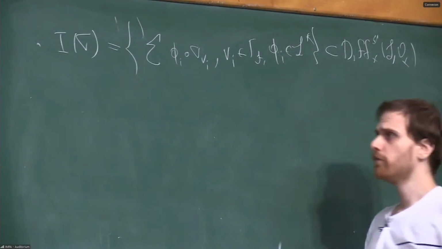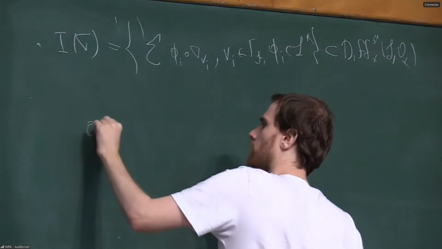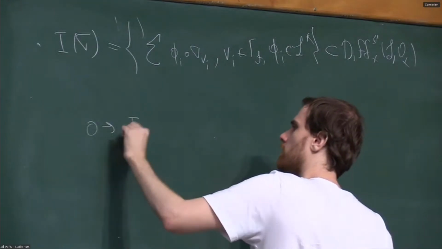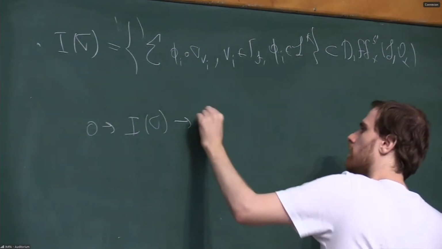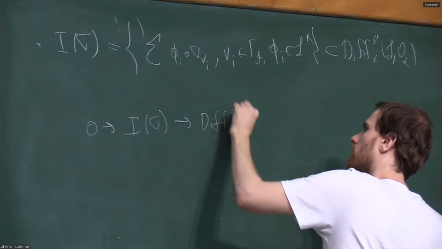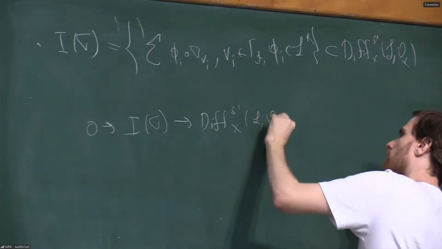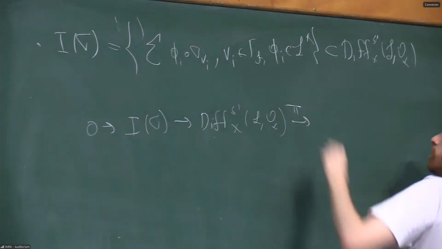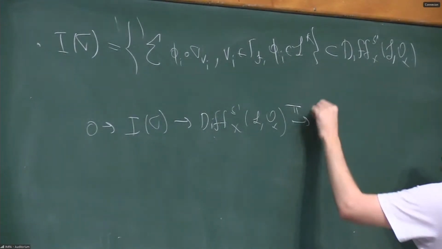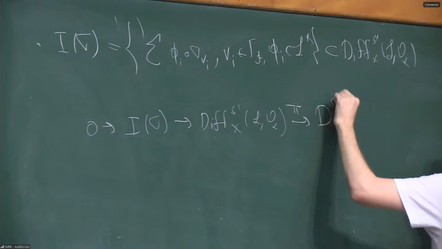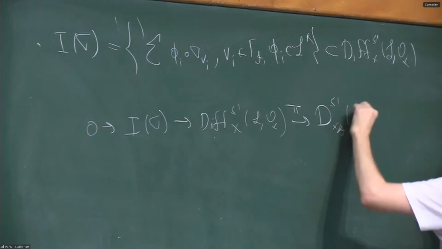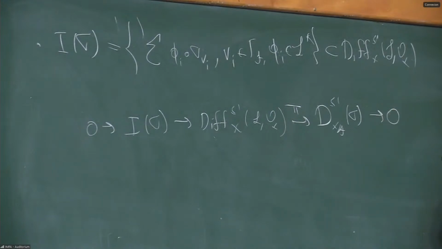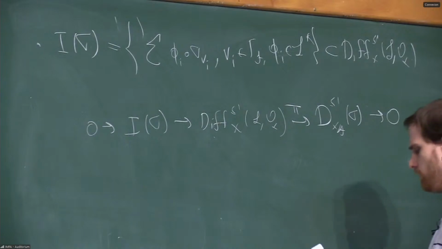Then we consider the quotient of this. Consider the quotient, I will denote the quotient like this, and I will explain better, because it has a property.